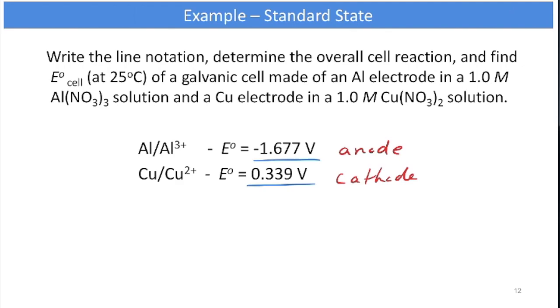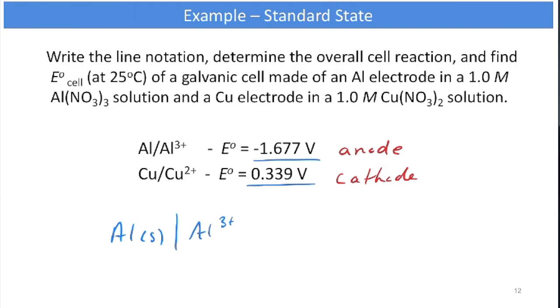So now that we know which is the anode and which is the cathode, we can write the cell diagram. Again, we start off with the anode components on the left-hand side. We always start off with an electrode, and electrodes are going to be solid. Since the anode is aluminum, we start off with aluminum solid. Then a phase change, and aluminum 3+ is the solution it's in contact with.